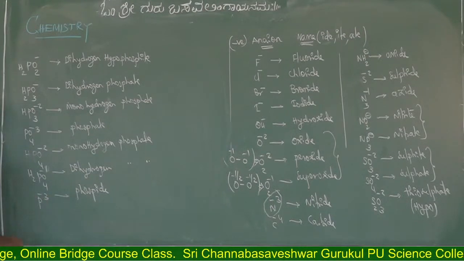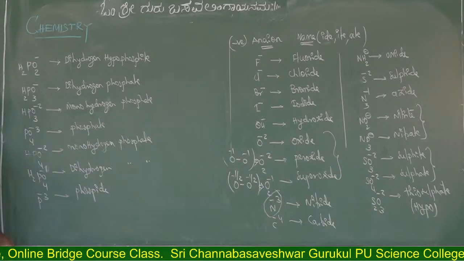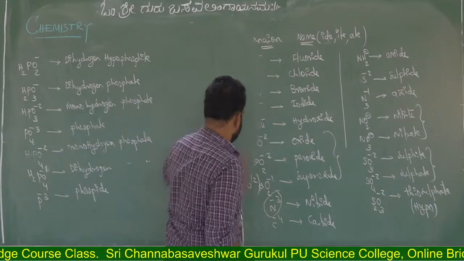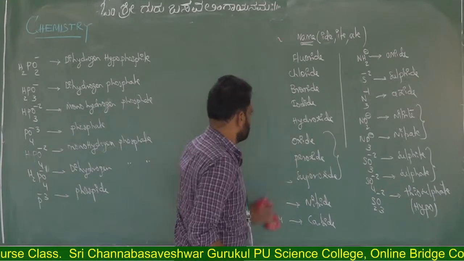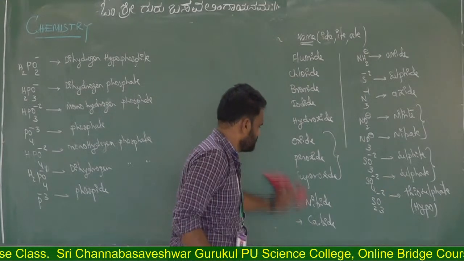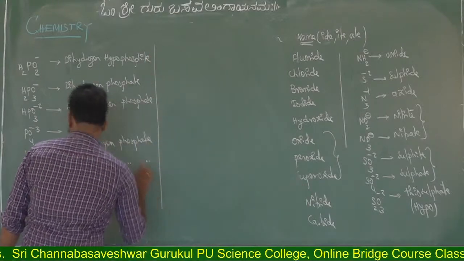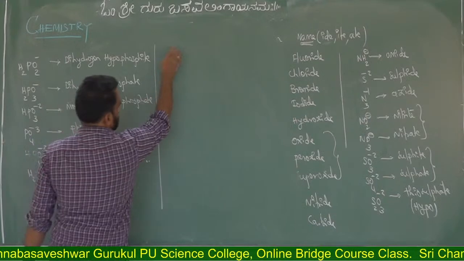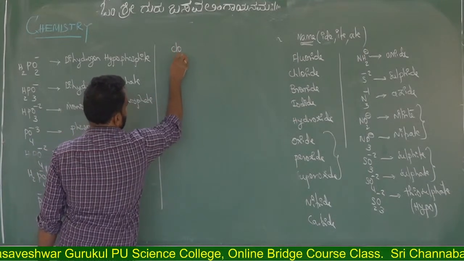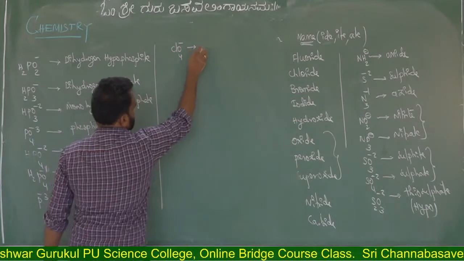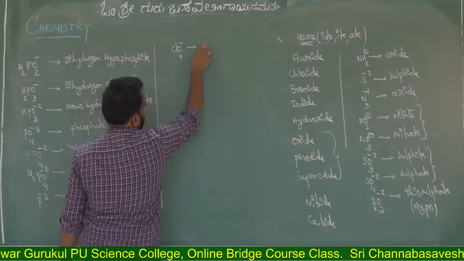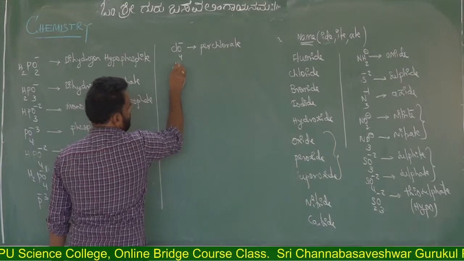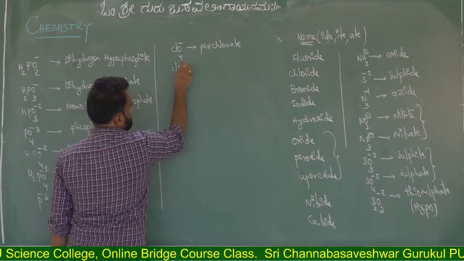Next, with halogens and oxygen, let me take it here: ClO4 minus, this is perchlorate, and ClO3 minus, chlorate.